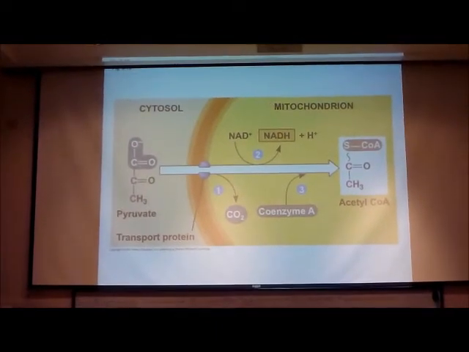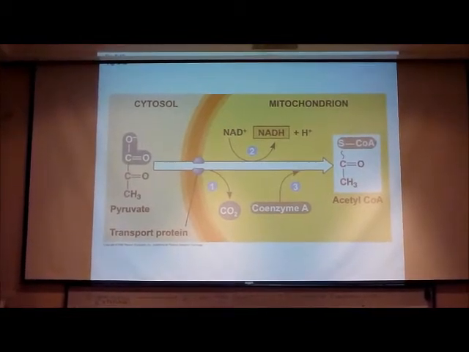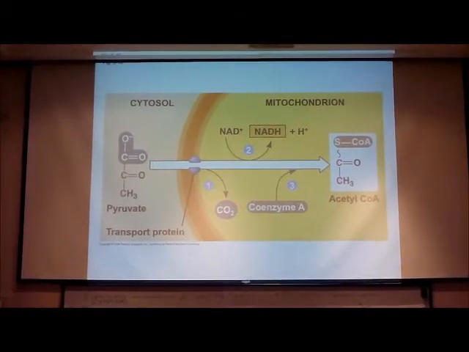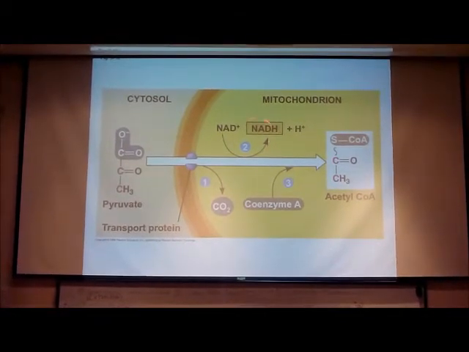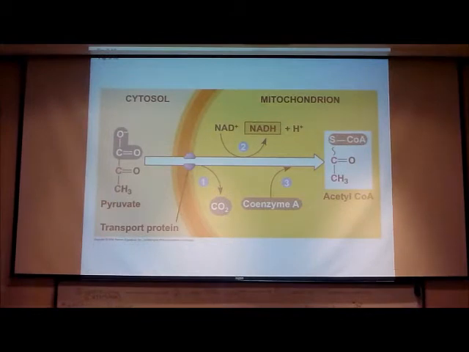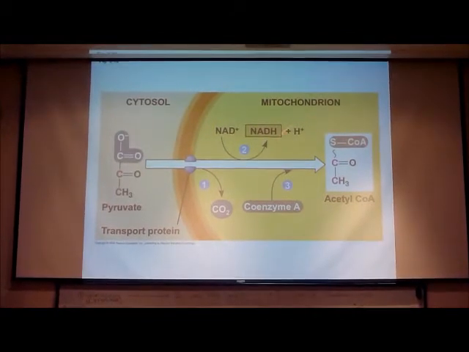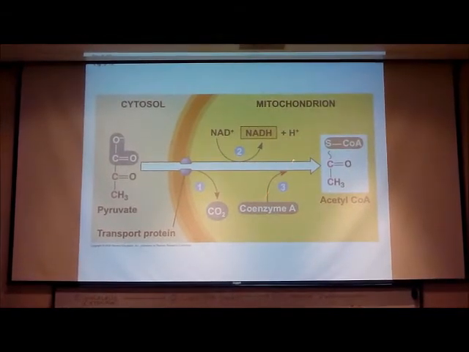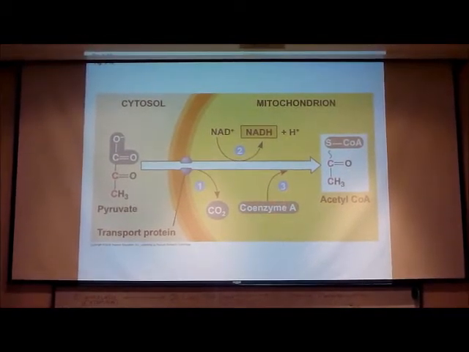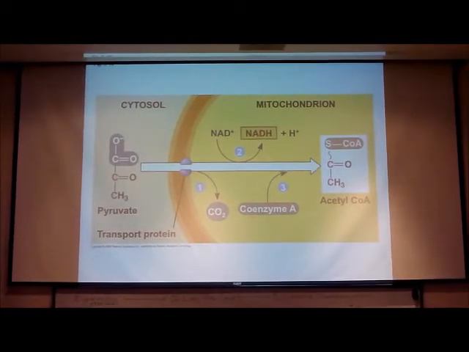In the process of removing that carbon dioxide, we're also going to begin removing electrons from this pyruvate molecule. So we're going to remove 2 electrons and hydrogen, which is going to produce NADH plus a free proton. And we're then going to bind coenzyme A to the 2-carbon containing compound.